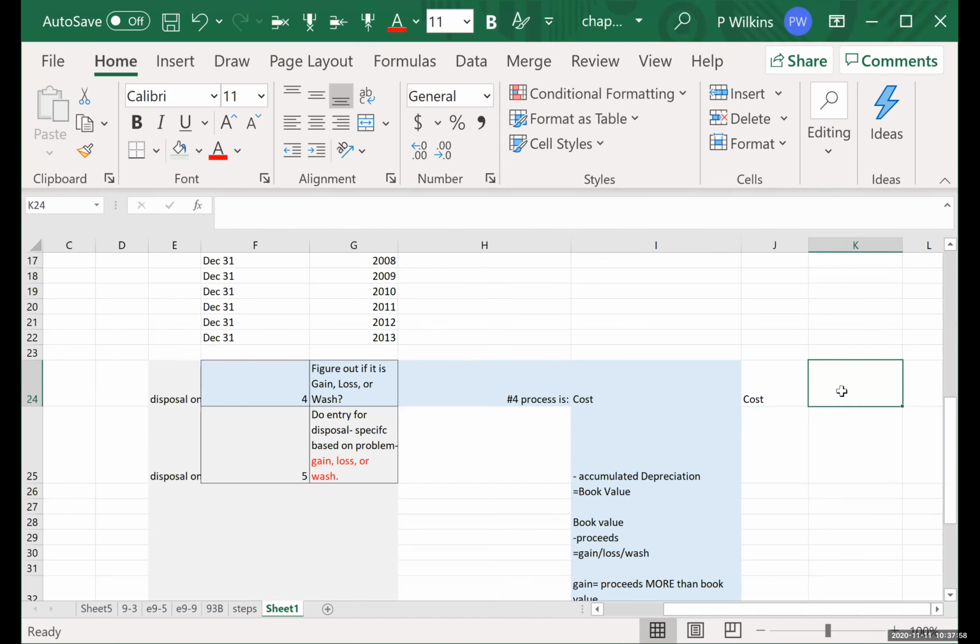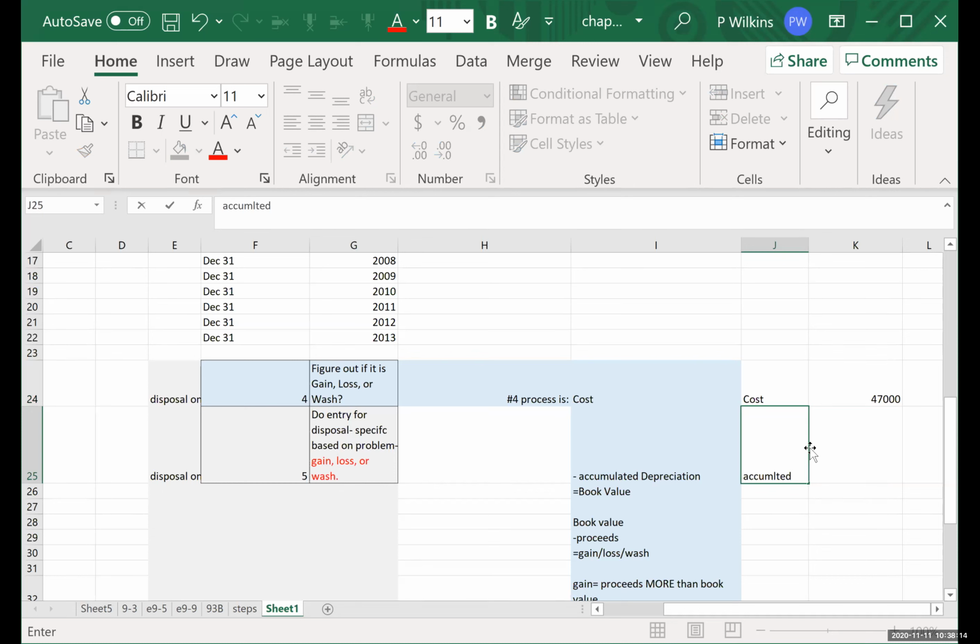So the cost of this plant asset, they told us, was $47,000, right? We are then going to subtract the accumulated depreciation, right? Less accumulated depreciation.